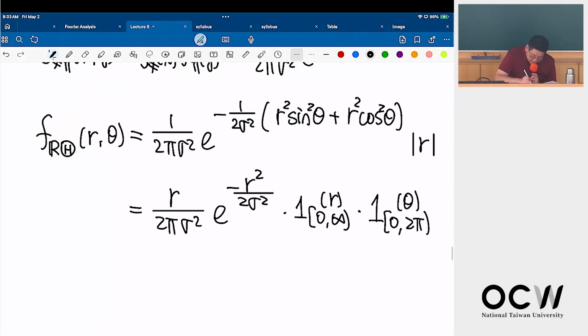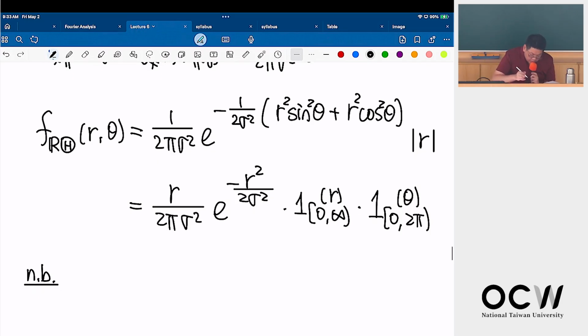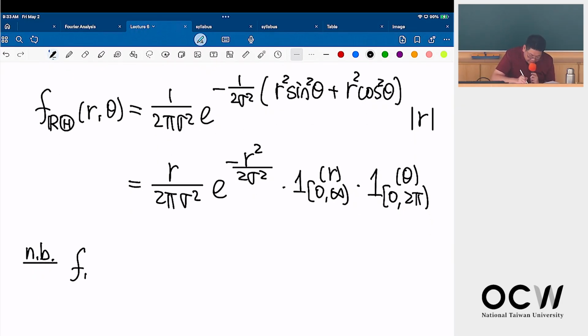So here is a note. What is the marginal PDF of the radius r? Remember, for the marginal PDF, that means I don't need the other one. The other one is theta.